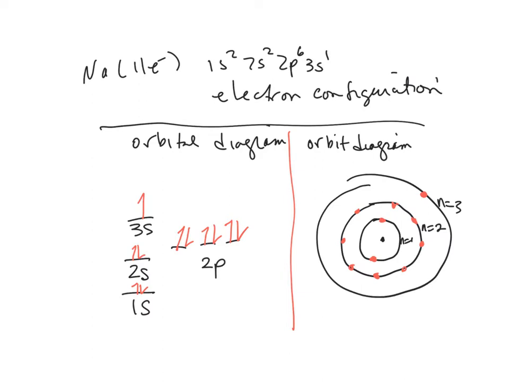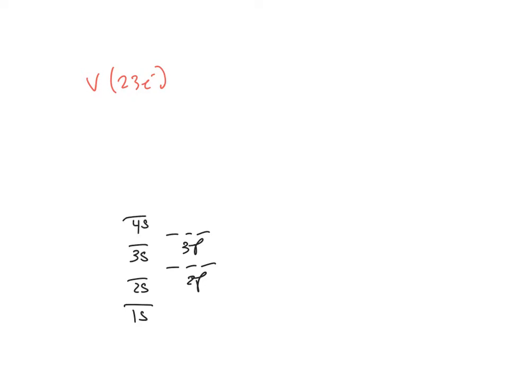So then chromium, vanadium's an interesting one. So you got 1s, 2s, 2p, 3s, 3p, 4s. Put the d's next over here. So you see I'm separating them.